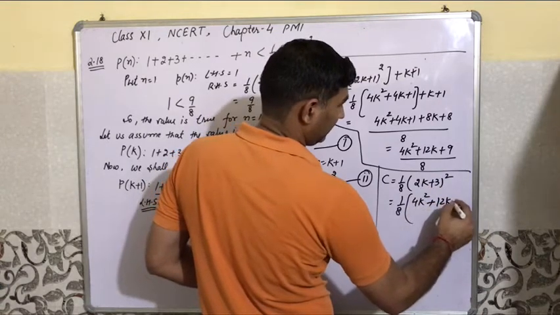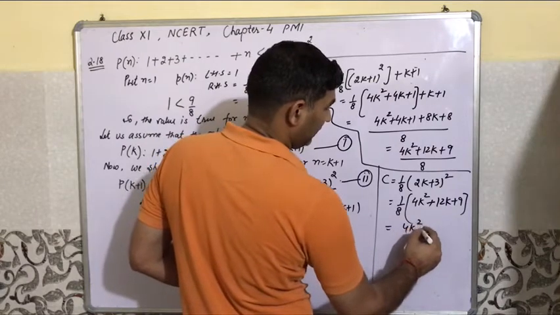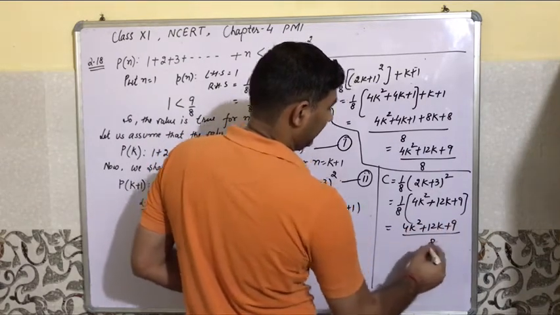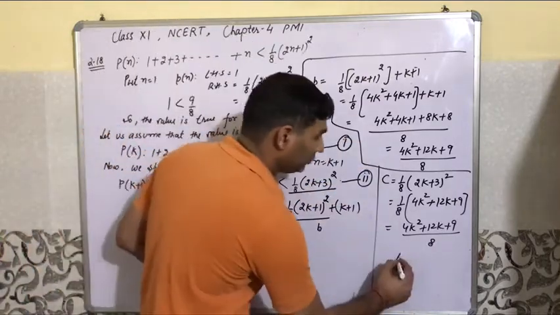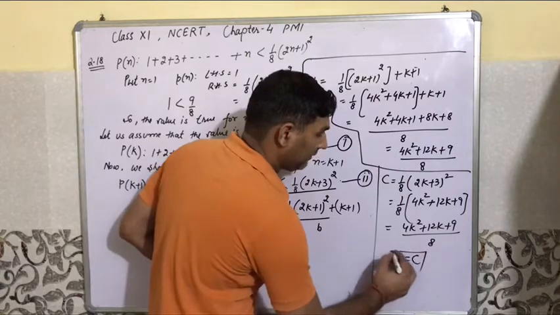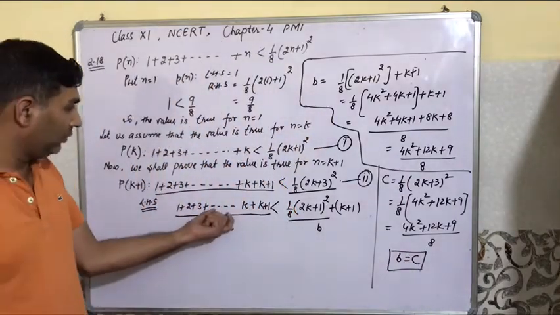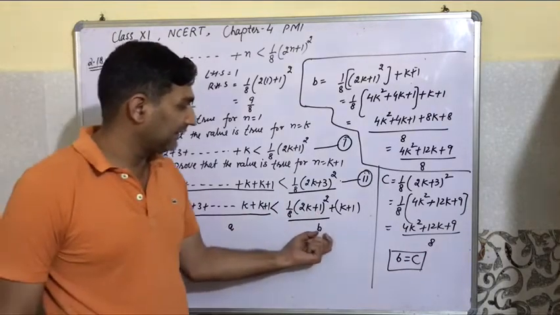12k plus 9, and this value is (4k square plus 12k plus 9) divided by 8. This value is c. You will see that b is equal to c; the value of b has become equal to c. And we know that this value is less than this, and after adding 1, this value is less than this.